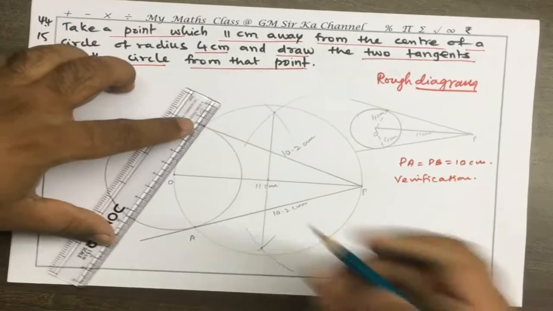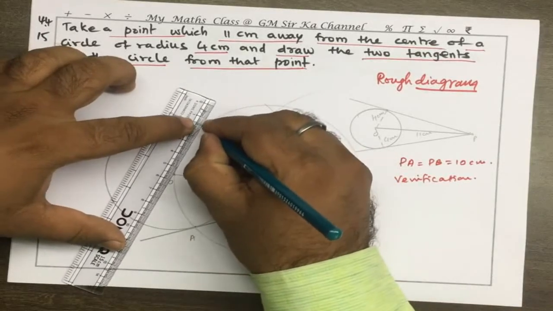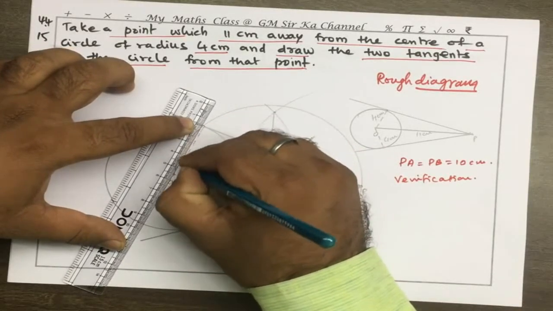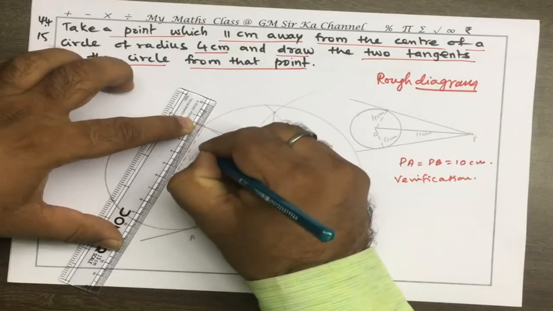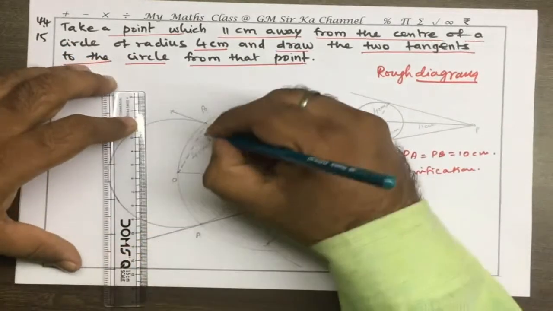OB is the radius, 4 centimeter. This is 11 centimeter and this is right angle.